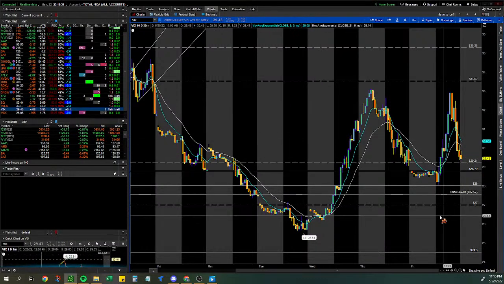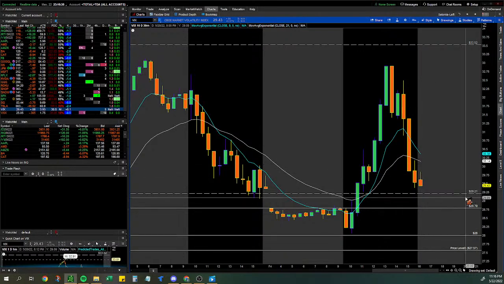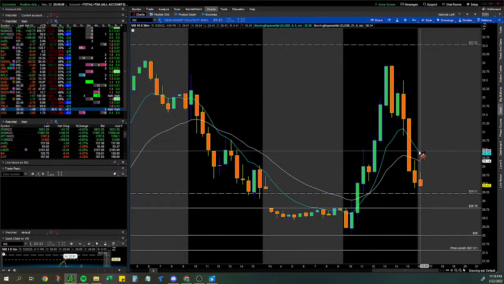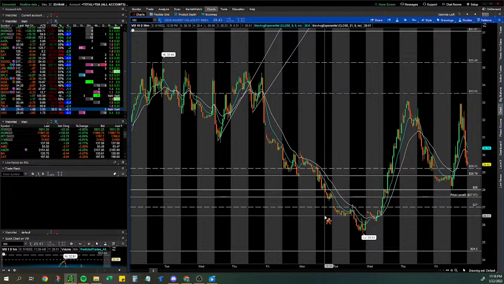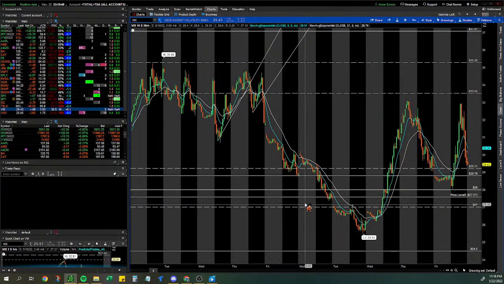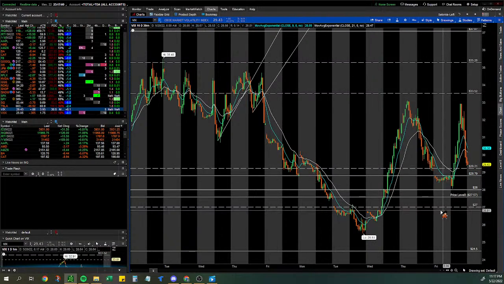So let's see if moving into Monday, we can stay below the moving averages, get back below this zone around 29, and have those moving averages push us down. Last time this happened would have been like last Monday, right? We could be below the moving averages and pushing off of them to get through this zone, just like last Monday, this Monday.